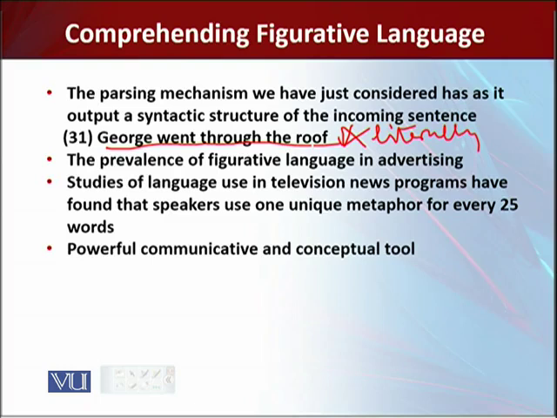So, this through the roof is metaphorical in nature and it explains the state of George's mind, but instead of stating it categorically, a figure of speech has been used here.